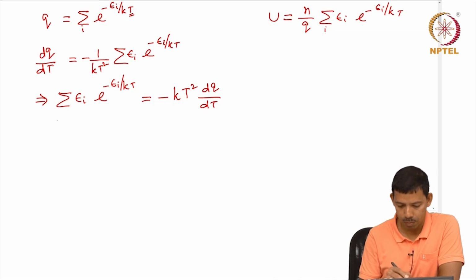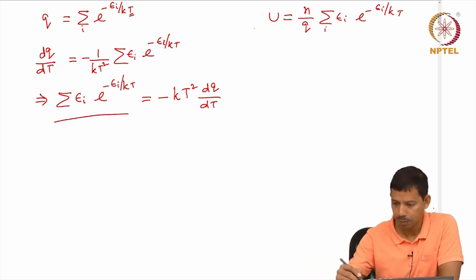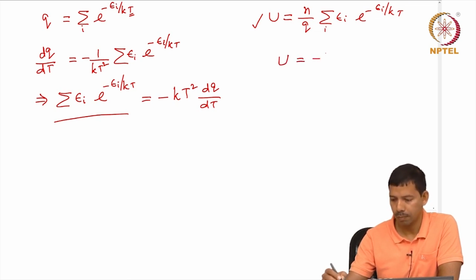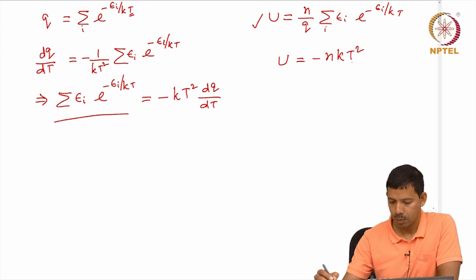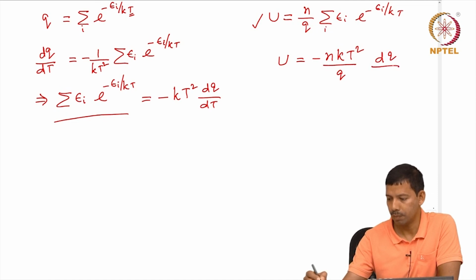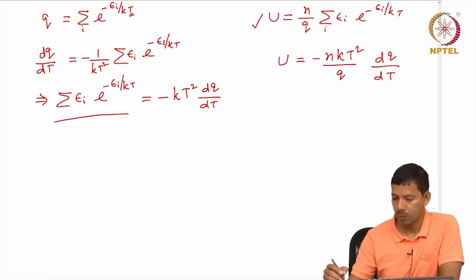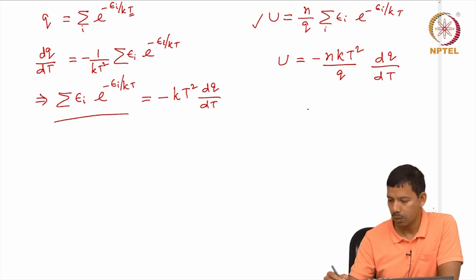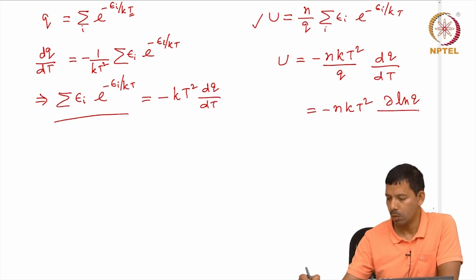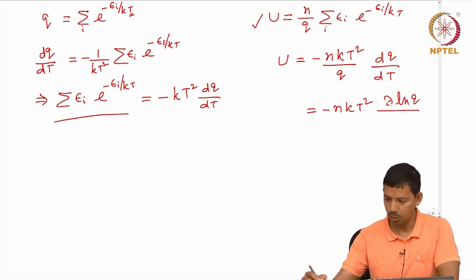So, if I put this up here, we get U is equal to minus N k T squared by Q dQ by dT, which you can also write as minus N k T squared d ln Q by dT.